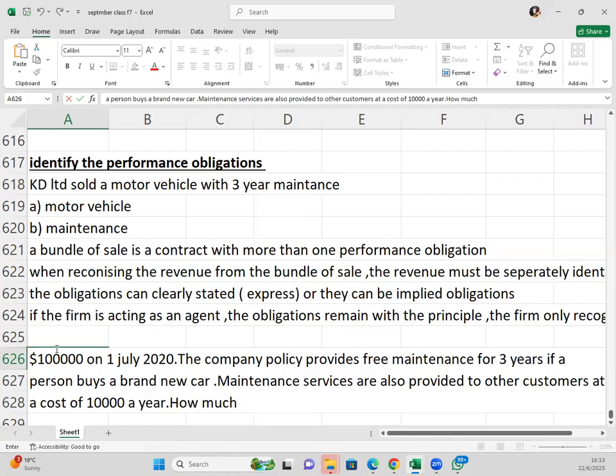How much should be recorded as part of sales?